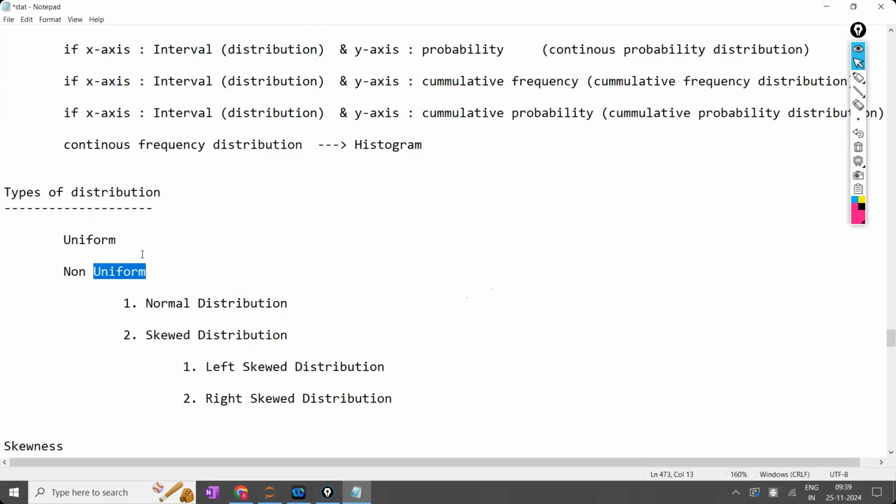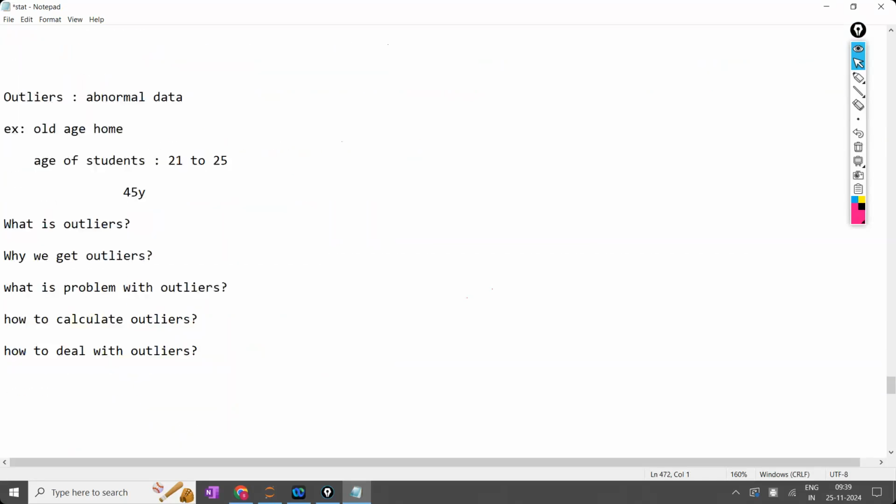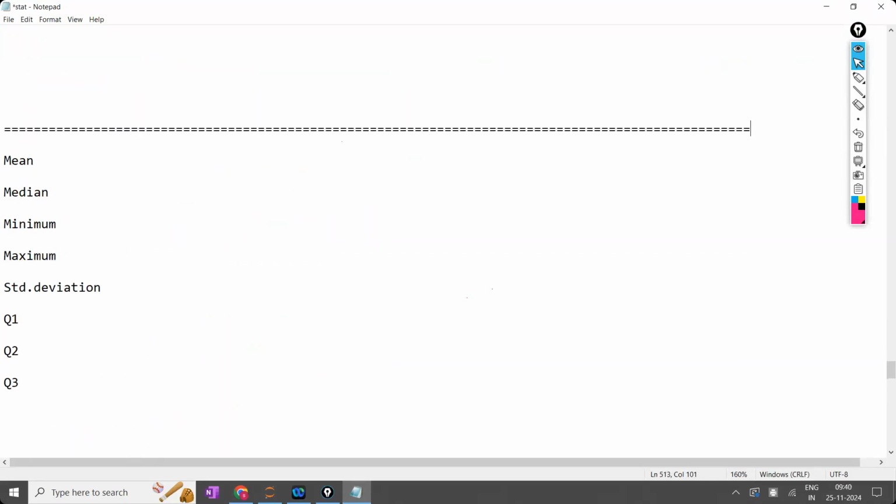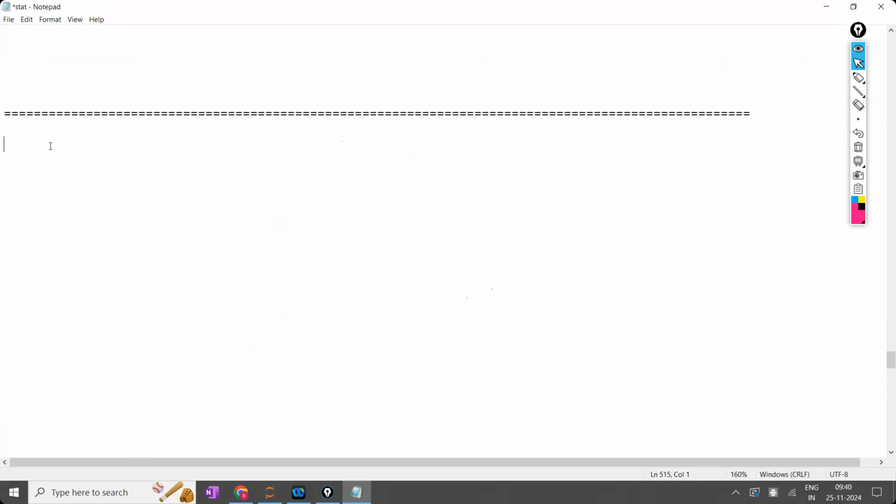And this logic should be applied only on the continuous variable. This logic is not applicable on the discrete variable. For a discrete variable, we only have the mode and the probability. Only 2 things are there. Other than mode and probability, nothing is available for the discrete variable.